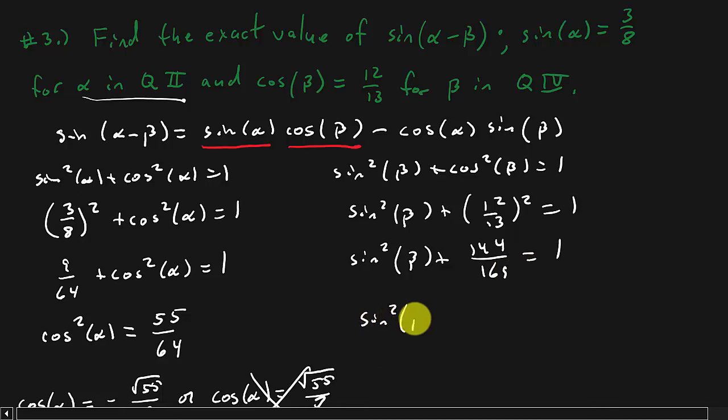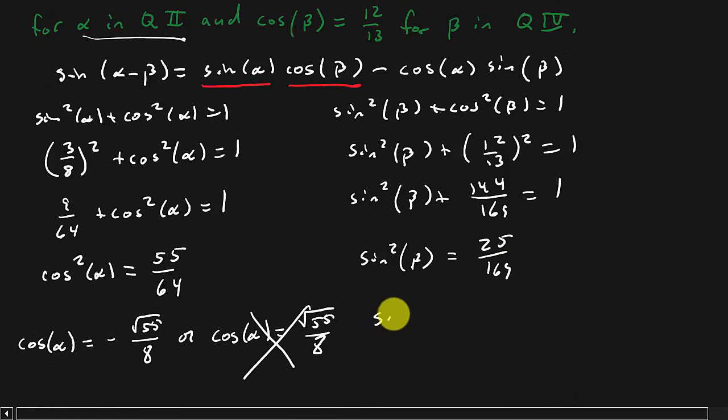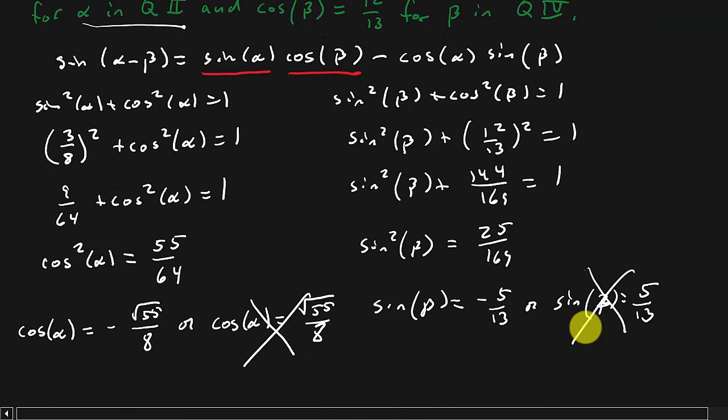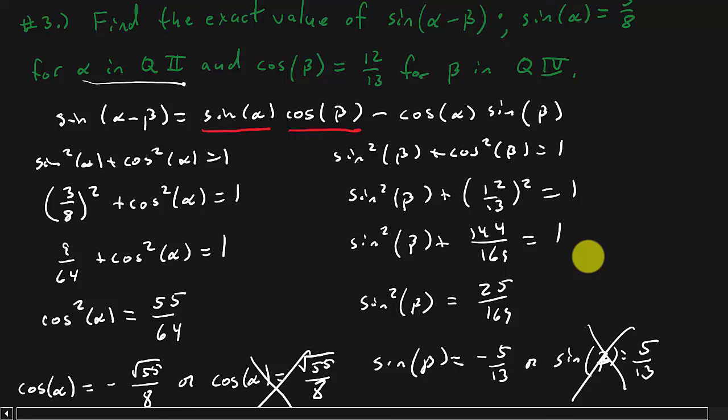So for sine squared beta, we subtract the 144 over 169, that's 25 over 169. And so we get sine beta is equal to negative 5 over 13, or sine beta is equal to positive 5 over 13. And beta is in the fourth quadrant, so we pick the negative one. Sine's negative in the fourth quadrant.